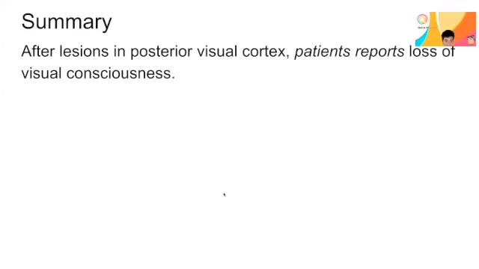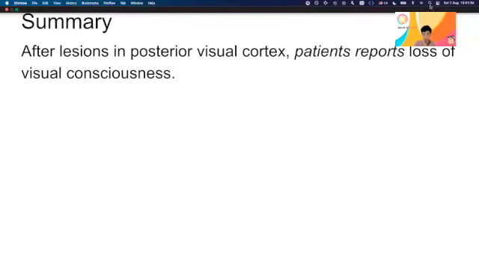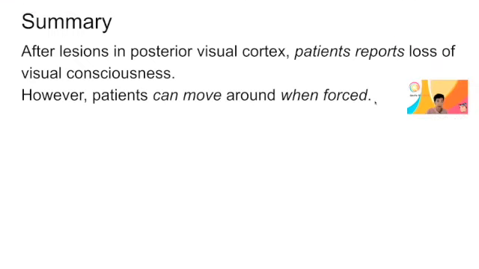In summary, as a first step to introduce blindsight patients, what I showed was that after lesions in posterior visual cortex, patients report, first of all, loss of visual consciousness. So that's a verbal report. And yet patients can move around when they are forced. That's the case of TN, walking around this corridor, right?